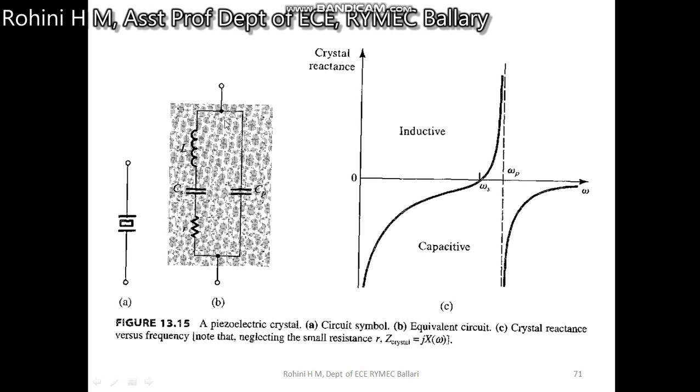So what does the crystal circuit look like? It has two capacitances, one resistance and one inductance. The first is the circuit diagram, and the next is the equivalent circuit. Figure C is the crystal reactance versus frequency. The x axis is frequency and the y axis is crystal reactance.